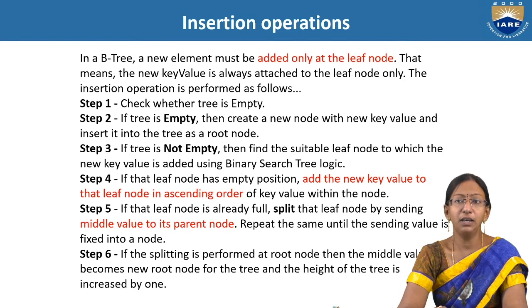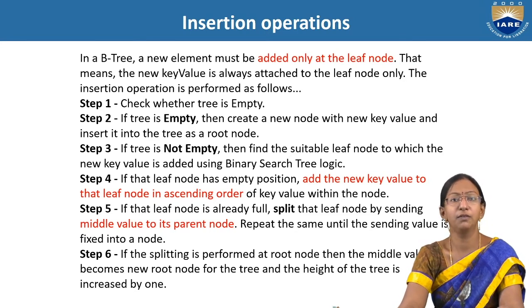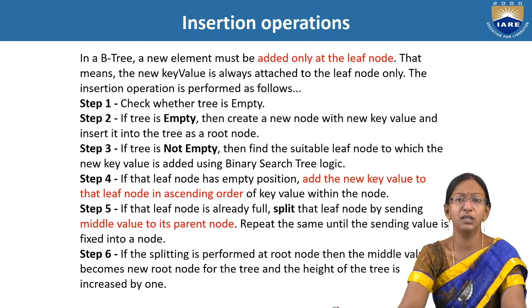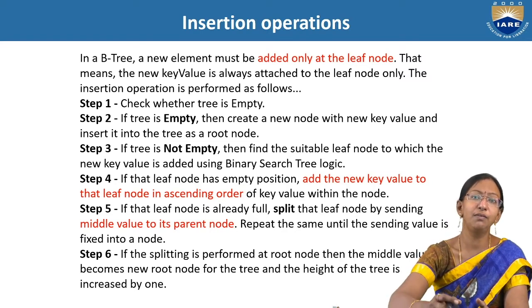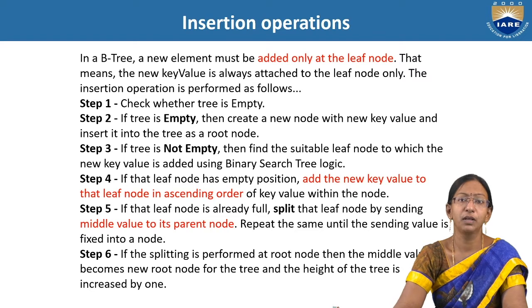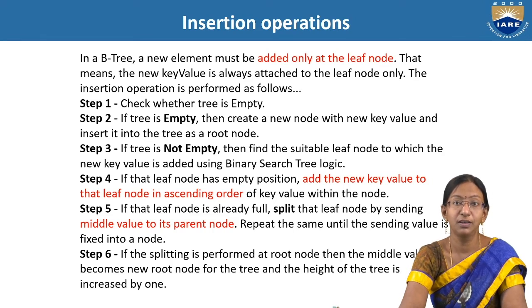Now, if that leaf node is full, say it can accommodate 4 keys and all the slots are filled, what do you have to do? You have to split that node into 2 halves. How we split is: split that leaf by sending the middle value to its parent. Repeat the same if the parent is also full. Split the parent also.